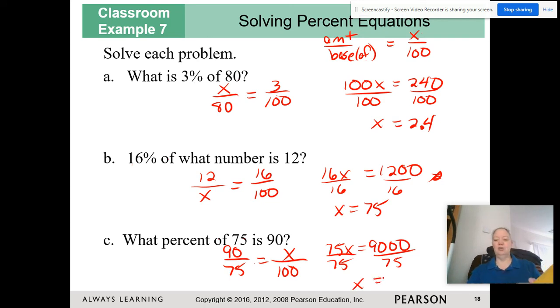Now, we're trying to find the percent. So make sure, x is equal to 120. Okay, so remember you want to write that as a percent. So make sure you remember that percent symbol.